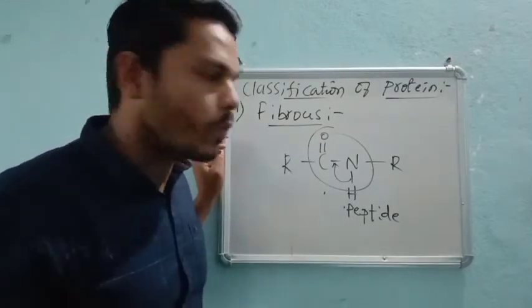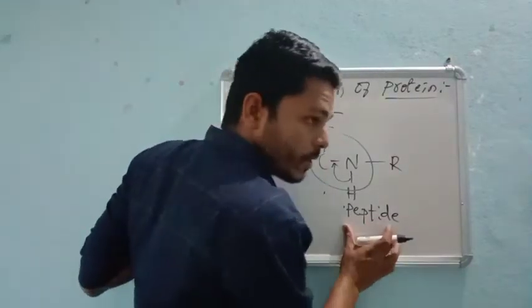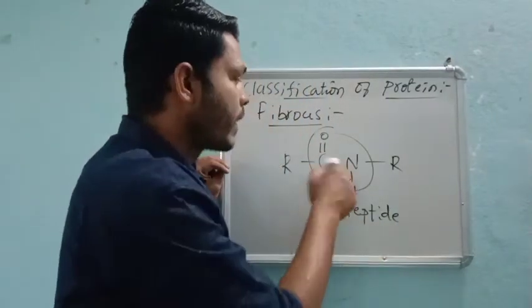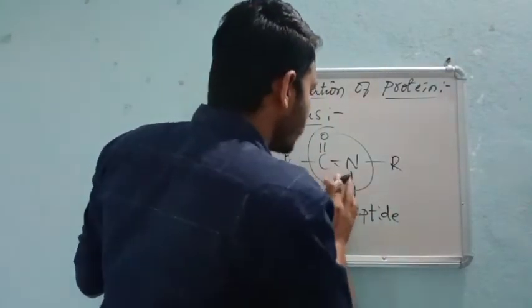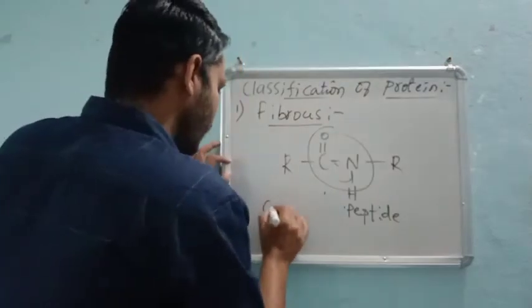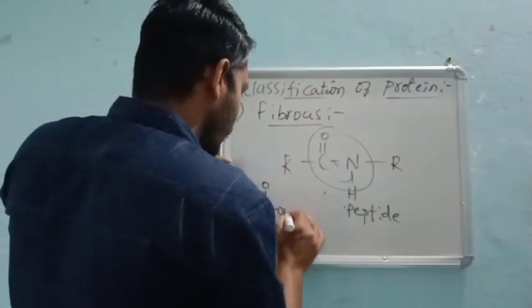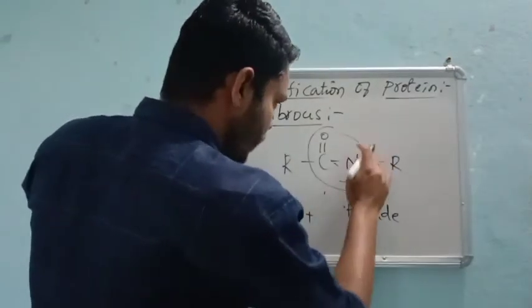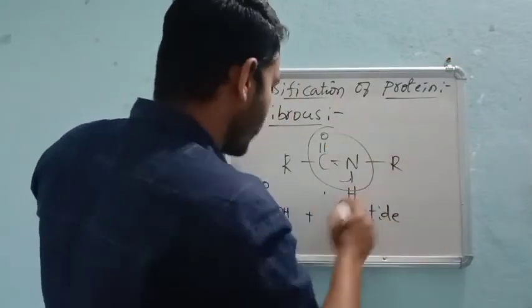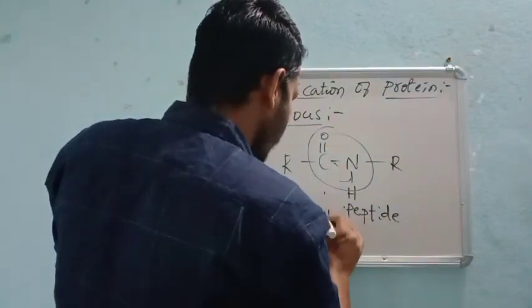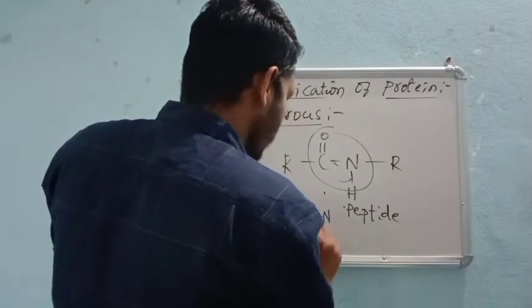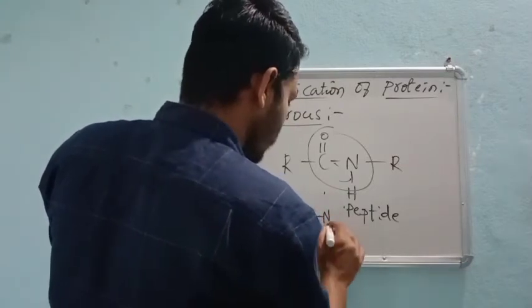Before, it will be like this: COOH, plus this is the other protein part, NH plus H, like this.